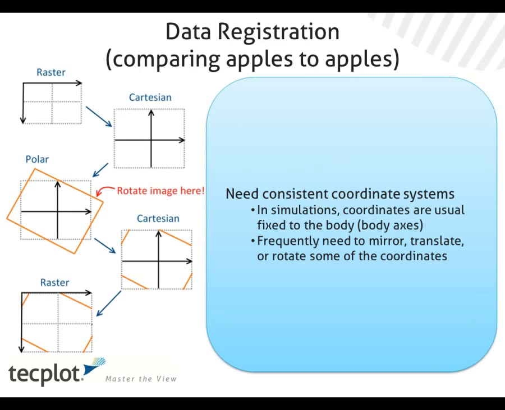Oftentimes you have different coordinate systems. In particular, with experimental data, wind tunnel data, for instance, you may have your data in wind coordinates, which is aligned with the relative wind, whereas in simulations the data is frequently in some sort of body fixed coordinate system. So you need to do some rotations and perhaps some translations to get consistent coordinates.